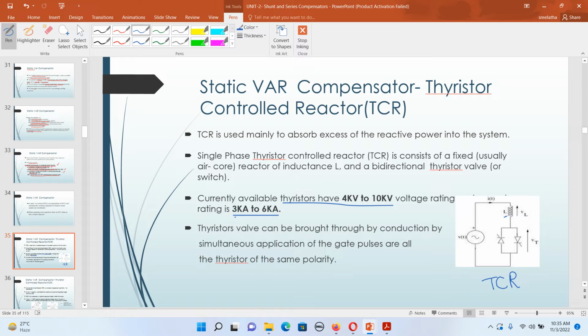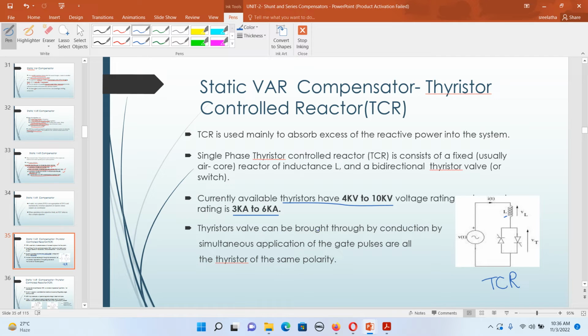This is a very high current, and the voltage 4 kilovolts to 10 kilovolts. These are very high voltages and very high currents. That is why we use thyristors, not transistors, in our power electronics and power system, where the voltage and current ratings are very high.